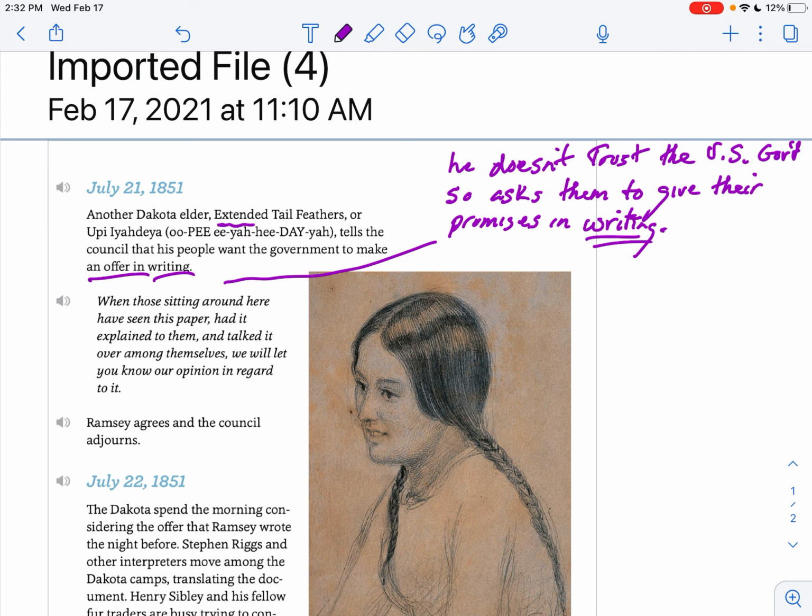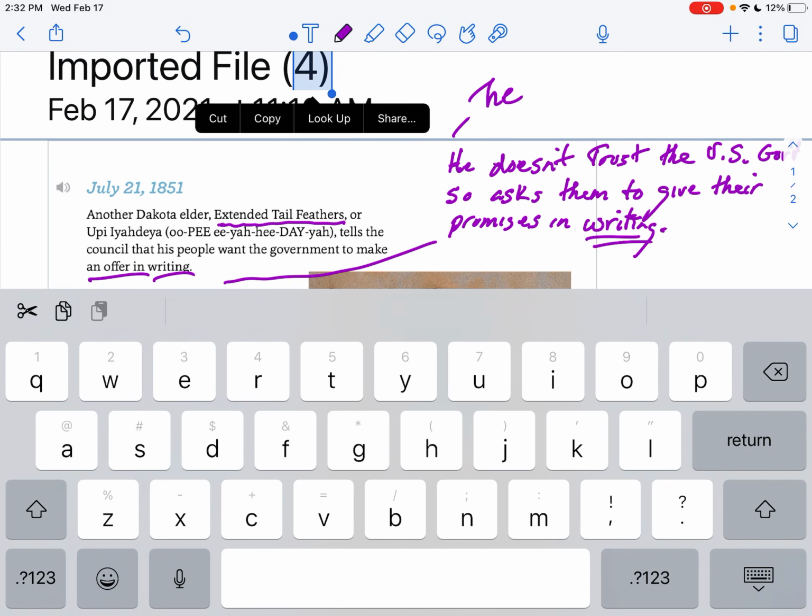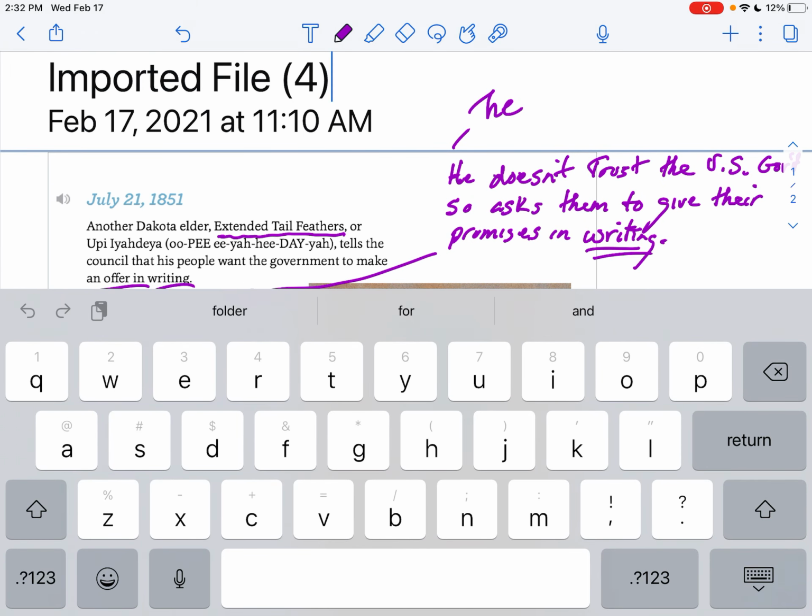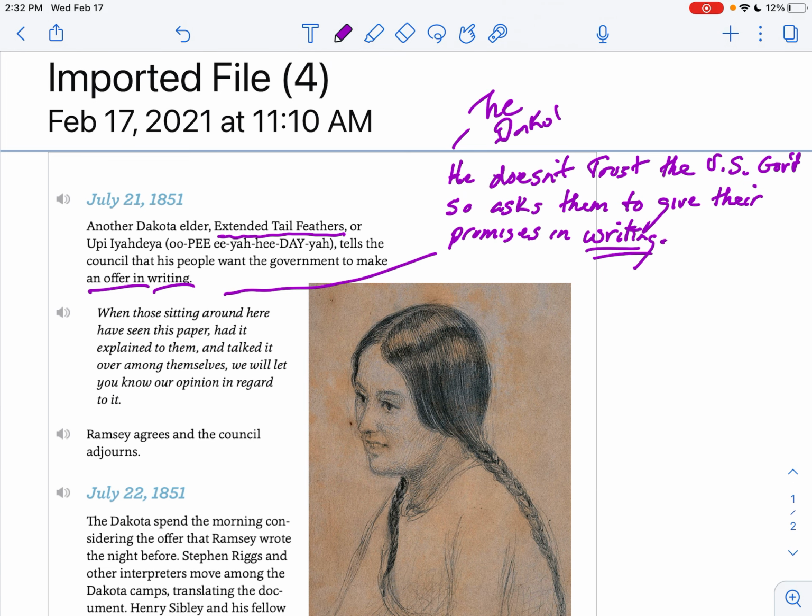So, this is extremely intelligent by Mr. Extended Tail Feathers. So the Dakota don't trust the United States government. Okay, so make sure you have this written down too.